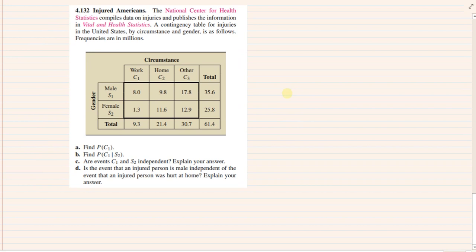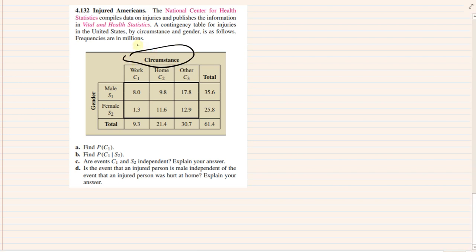Let's take a look at this one exercise that is in your book. In this exercise, the question reads, the National Center for Health Statistics compiles data on injuries and publishes the information in Vital and Health Statistics. So a contingency table, remember, a contingency table is a frequency distribution table of bivariate data, meaning two variables.